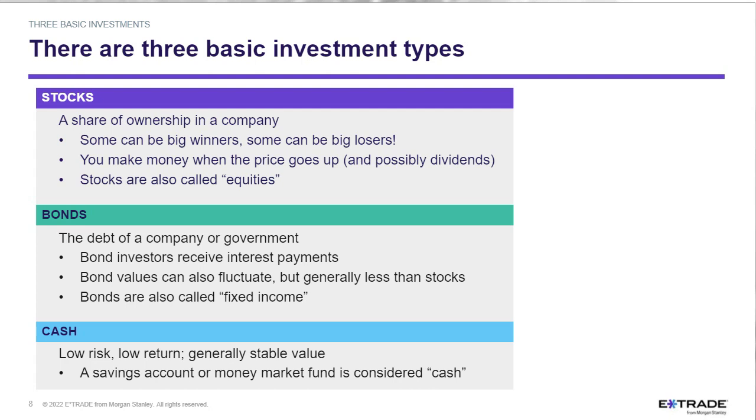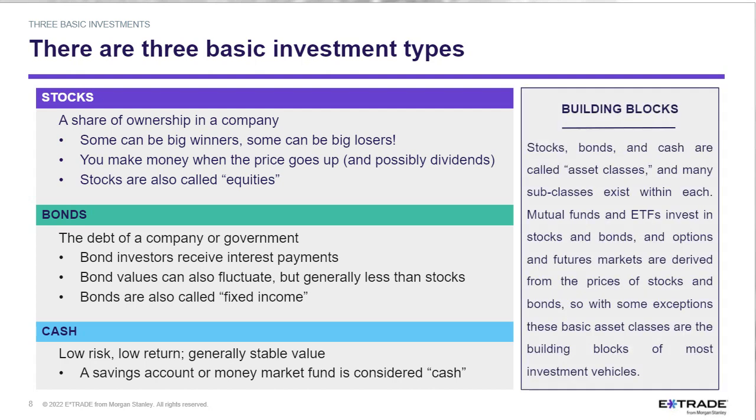These are the building blocks of mutual funds and exchange-traded funds. Many markets like futures and options trade around the prices of stocks and bonds. So these are the basic, essential building blocks of the investment world that we're going to continue to learn about.